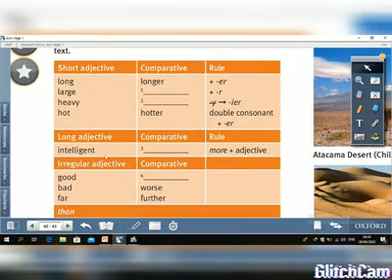Intelligent becomes more intelligent because it is a long adjective. With irregular adjectives, good becomes better, bad becomes worse, far becomes farther with letter u or further with letter a. Both of them are right.